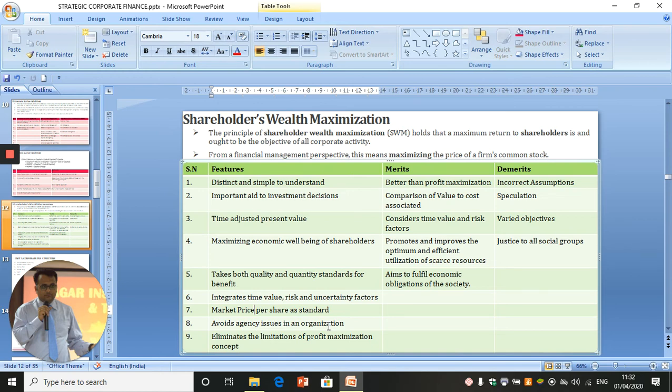It eliminates the limitation of the profit maximization concept, because profit maximization is a short-term concept. It targets the maximization of profit after tax.